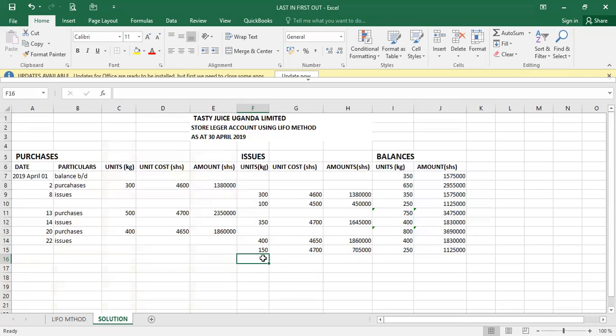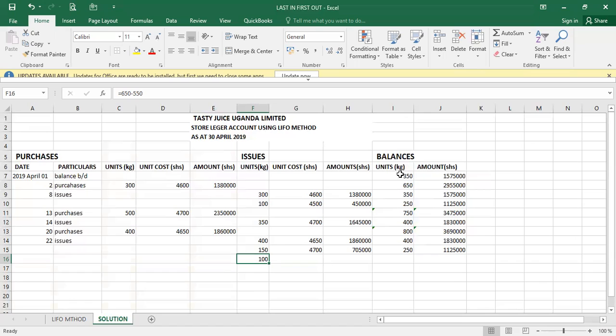Then when you get the 650, that's what we are issuing, minus the 550. Then we shall be having 100. Now this 100 units is going to be removed from the other order we had here.